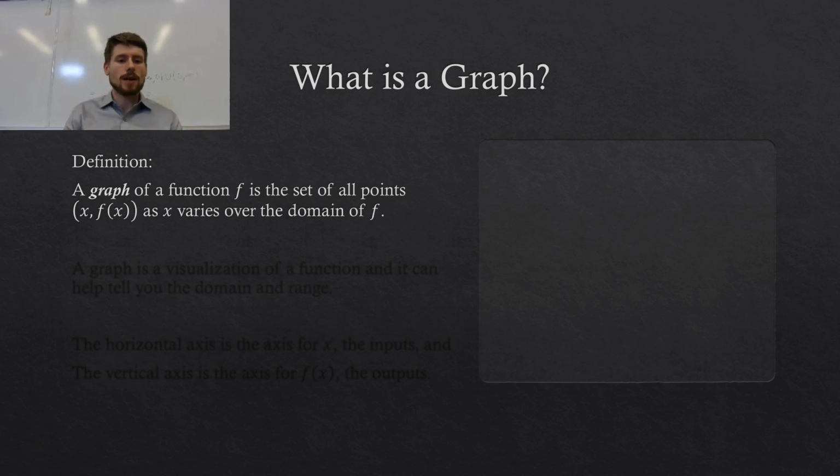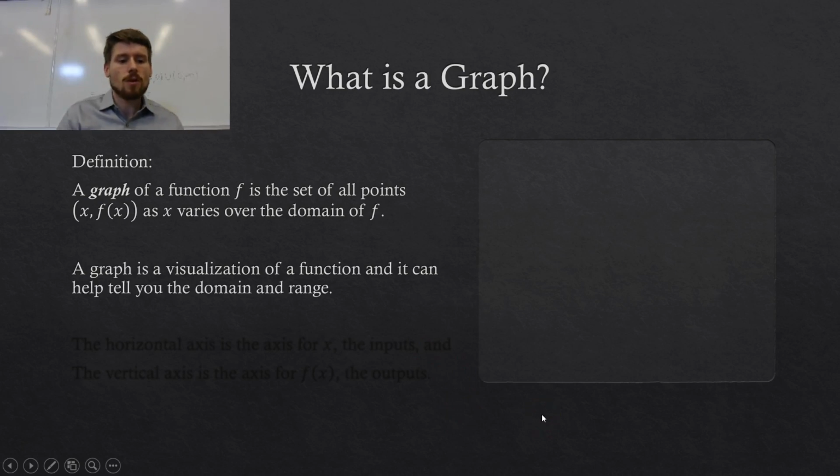So it's all the points that look like that, x, f of x, as x varies over the domain of the function. So whatever your domain is, that's going to be all of the x coordinates, and then you're going to plot the point x, and then the function evaluated at x, to get the graph. So it's all of those points. That's what a graph is.